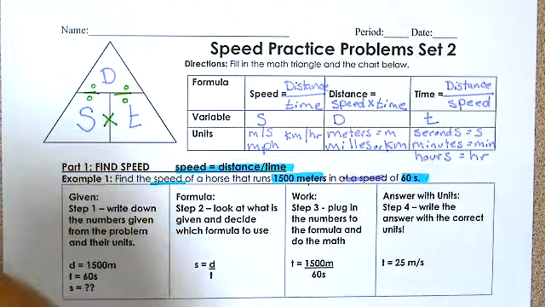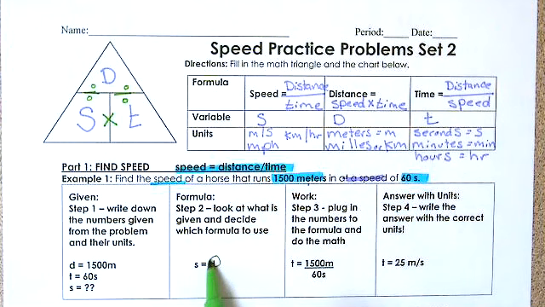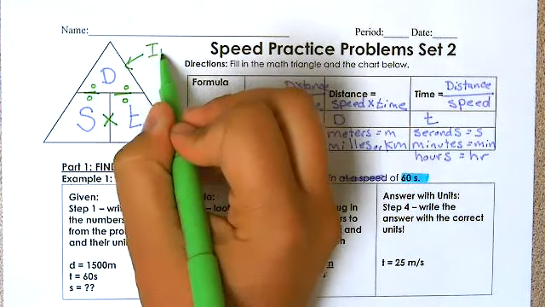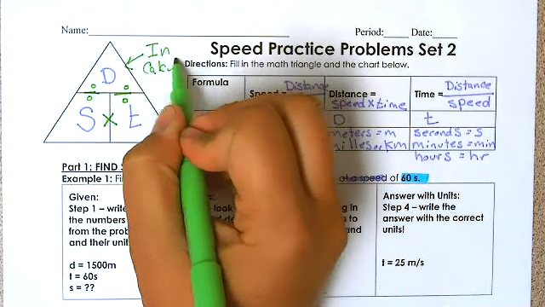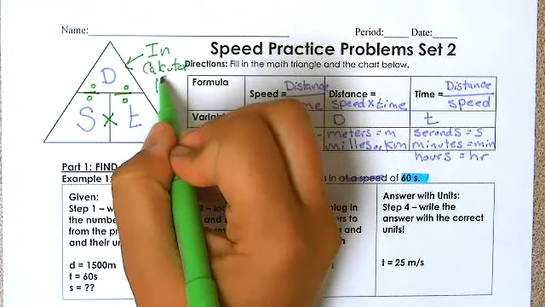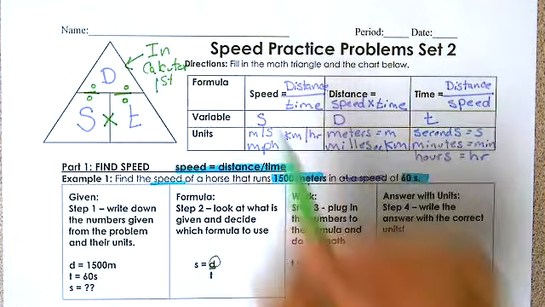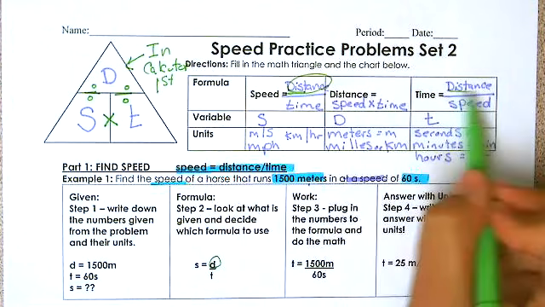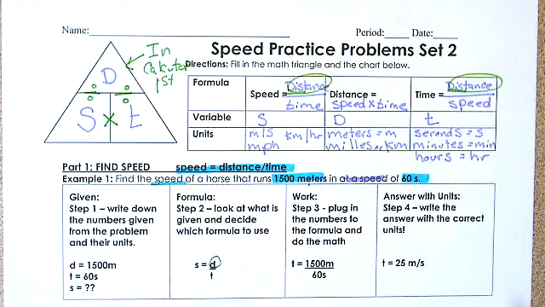What you need to remember is that whatever is on top goes in the calculator first. So put this in your calculator first. The distance is always going to go into the calculator first, and then you hit divide by either the time or the speed next.